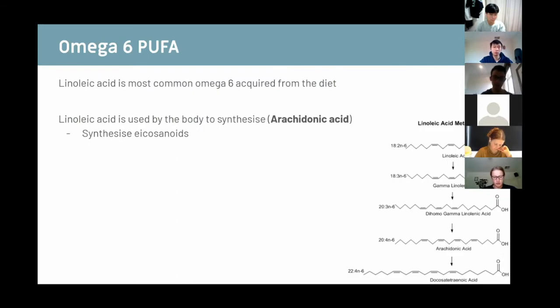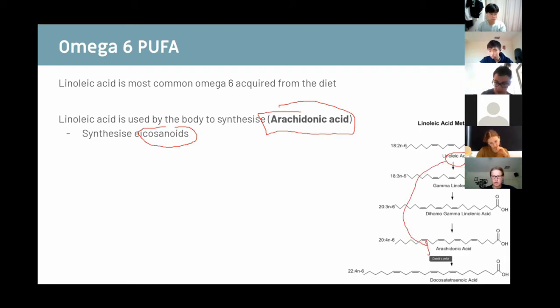And you should maybe know they're important in cell membranes. Omega-6 is used by the body to synthesize eicosanoids in the form of arachidonic acid. That's what it's used to synthesize. So you can see linoleic goes to arachidonic. I can't pronounce it, sorry, but this is hugely important in the formation of lots of signaling and stuff.